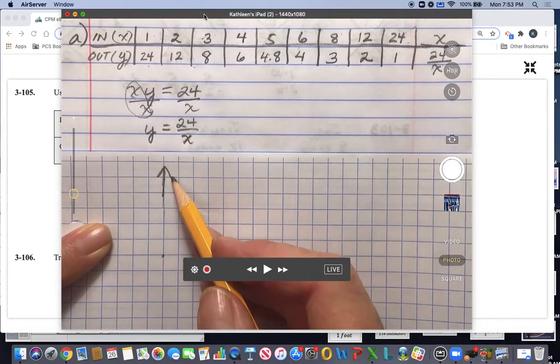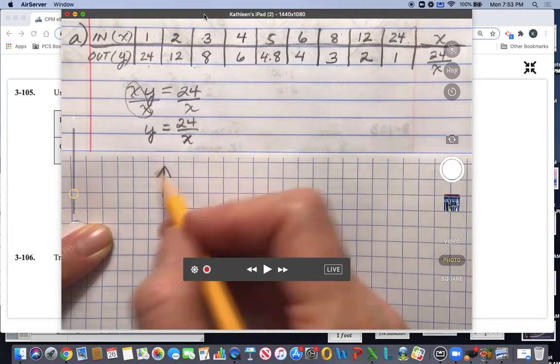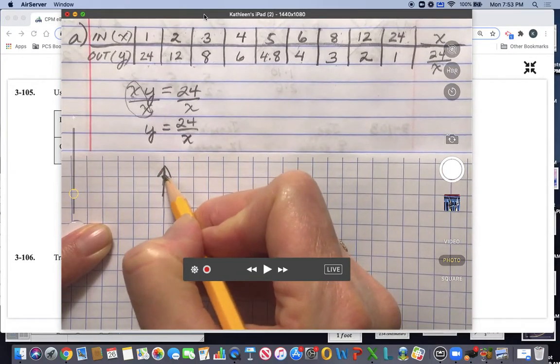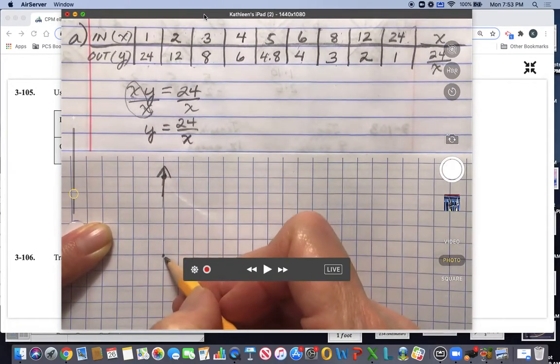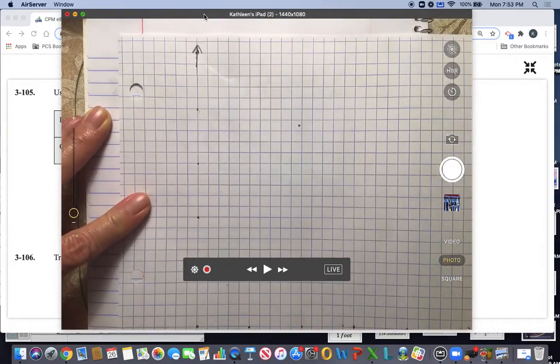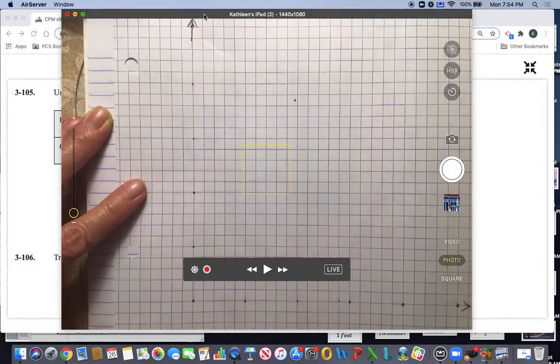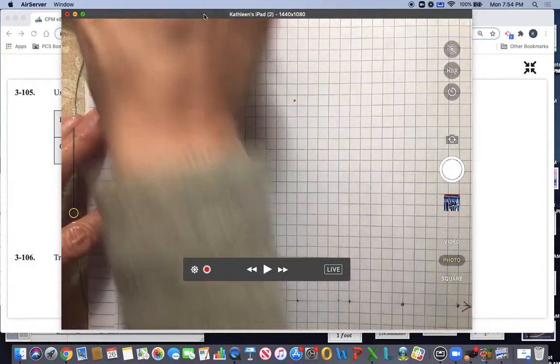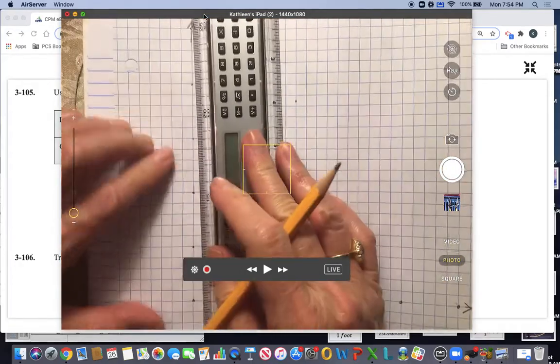And so I started at the top of the paper, and I figured I'd start at 25 and then I'd count down by 5s. And so that's what I've done here. And so 5, 10, 15, 20, 25. So I can draw the line here.